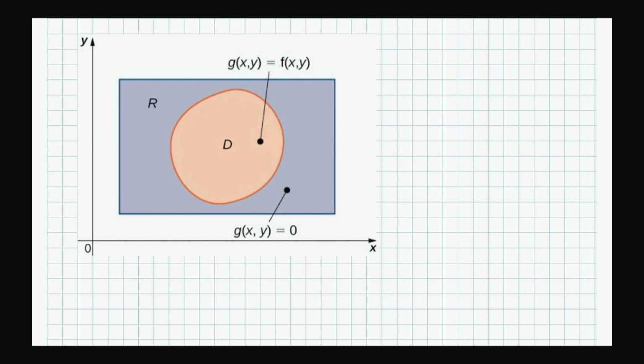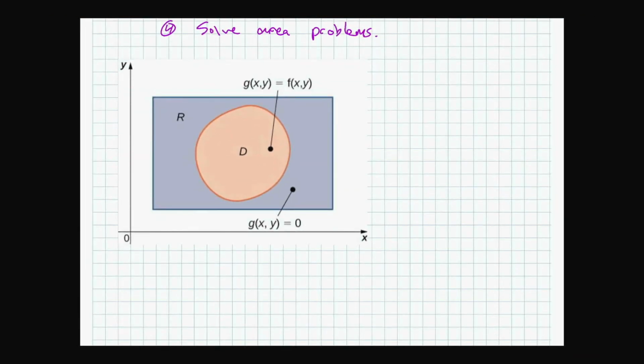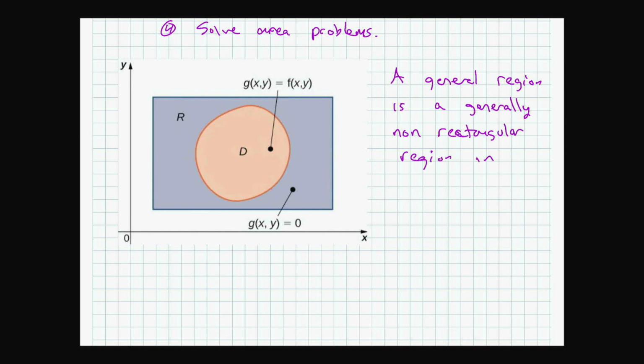We don't care about that. Let's just say that a general region is just a generally non-rectangular shape. It could be a rectangle, but generally non-rectangular, in the xy plane. I'm not really going to define this any better than this.